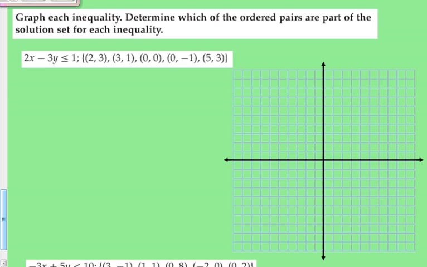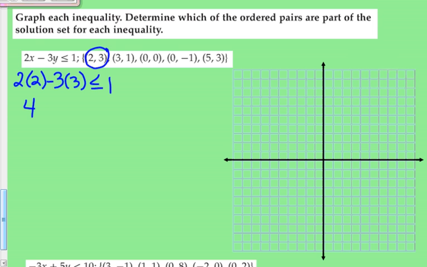What I recommend doing first, you can do a number of things. You can plug each one in and work them out and see which ones are true statements, or you can graph the line and see which side includes those points. So if we plug them in, you get 2 times 2 minus 3 times 3 less than or equal to 1. I just used that point. Then you would work that out.